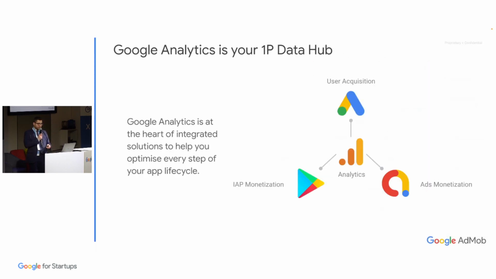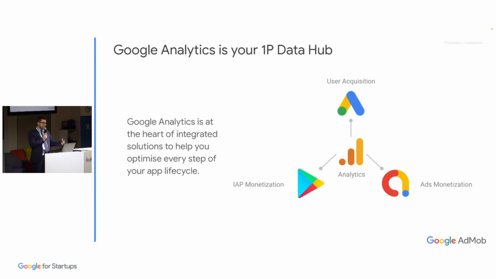First of all, the behavioral and contextual data collected by Google Analytics is exactly your first-party data. But as you all know, this is only part of the story. It essentially boils down to combining behavioral and contextual data with earn and spend data.